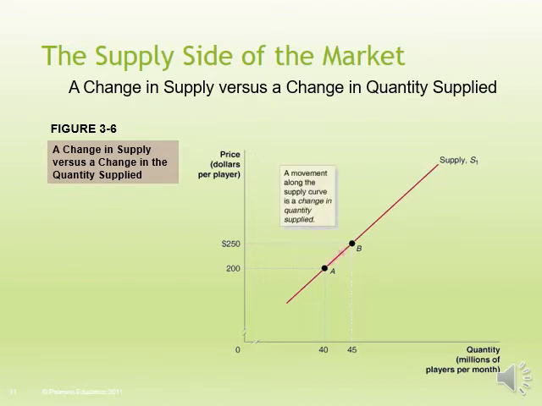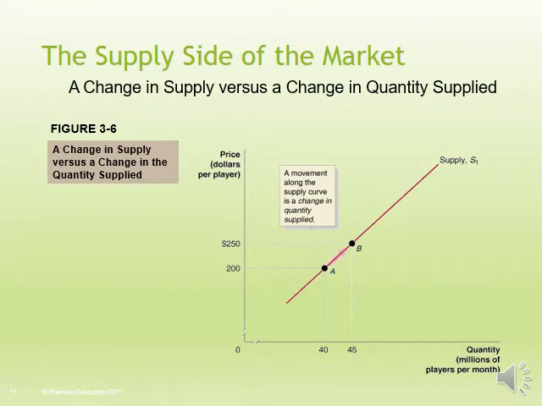So here we have an example where initially the supply of a product is A. When the price is $200, there are 14 million units that sellers are willing to supply.